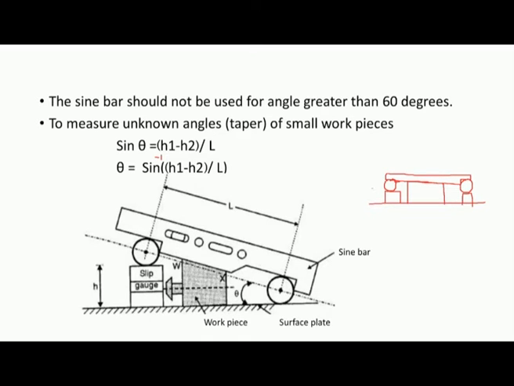So this is h1, here it is h2, and this is L. Now this theta can be calculated using this relationship: theta is equal to sin inverse of h1 minus h2 divided by L.